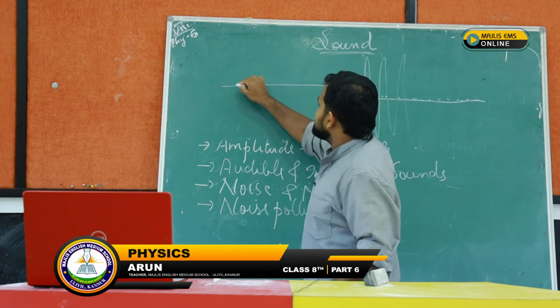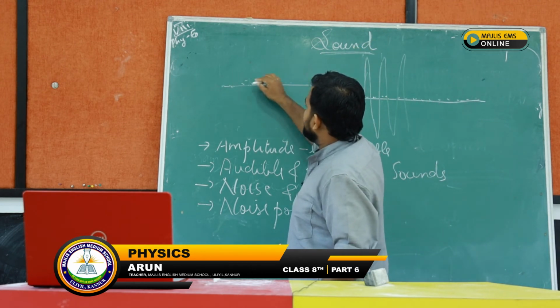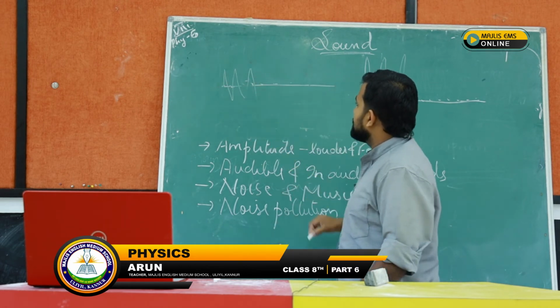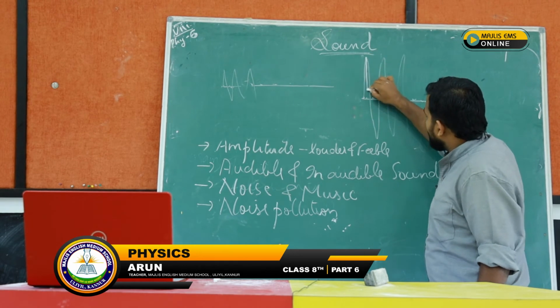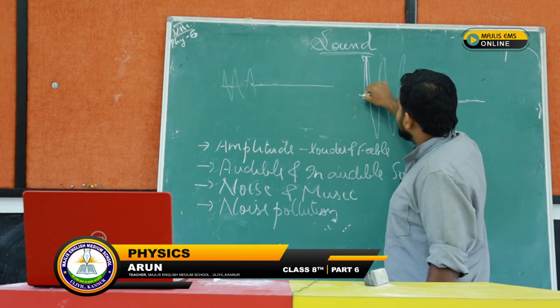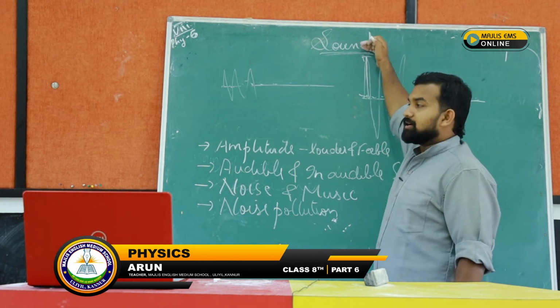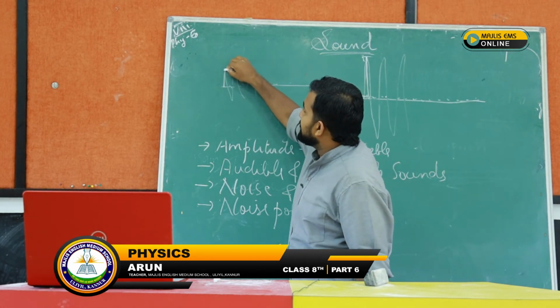In some other case, when the particles are here, if I am hitting here, the disturbance will be only this much. The disturbance caused to how much height from the mean position: it was at rest, from here it went here, but here it only went here.